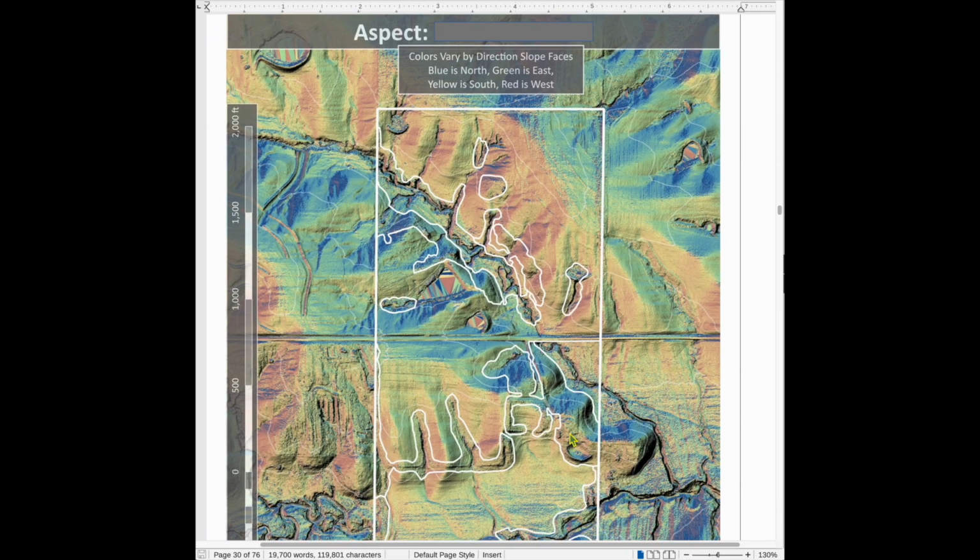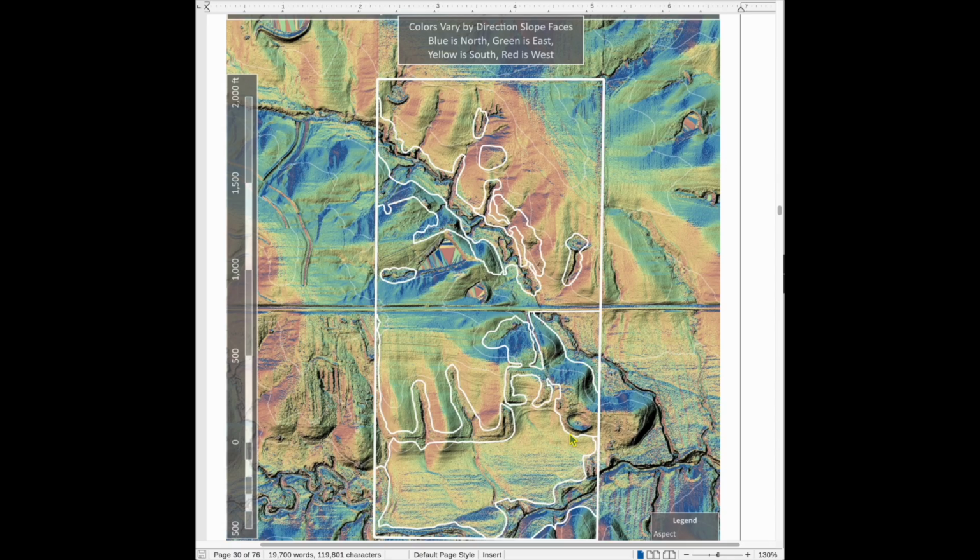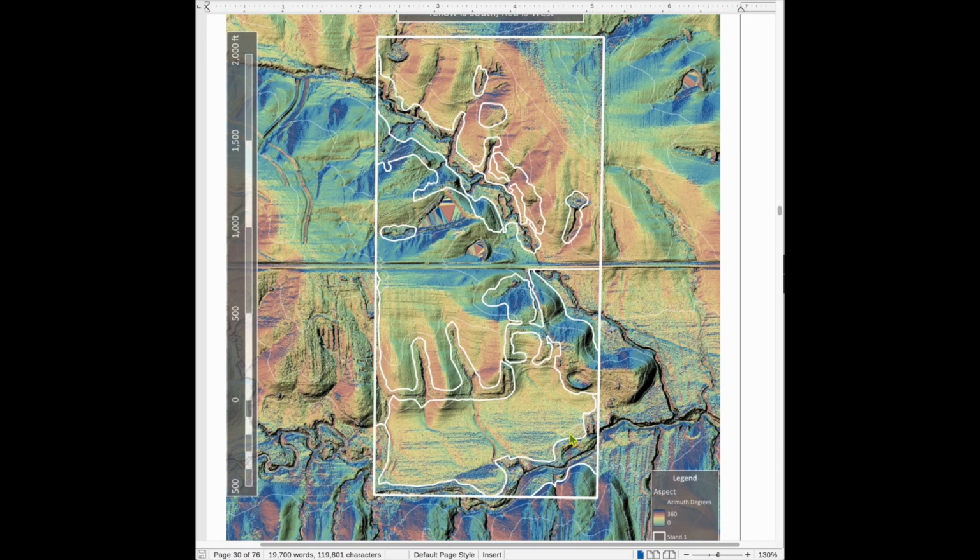This is an aspect map, and this one's a little difficult to read, especially on this property. On some properties it's more clear. But the yellow is facing south. The hill, the slope, if you were standing up here looking down this way, looking south, and started walking downhill, that's the same way the water would drain.